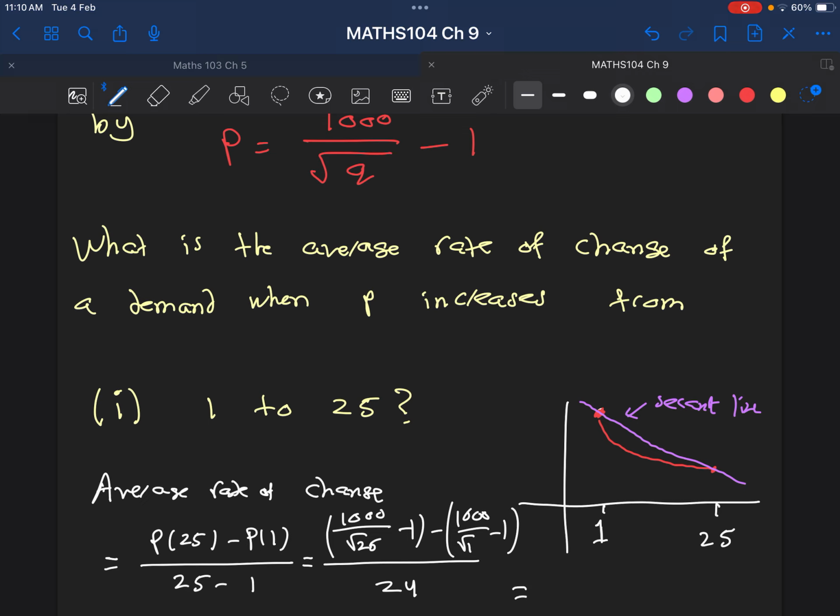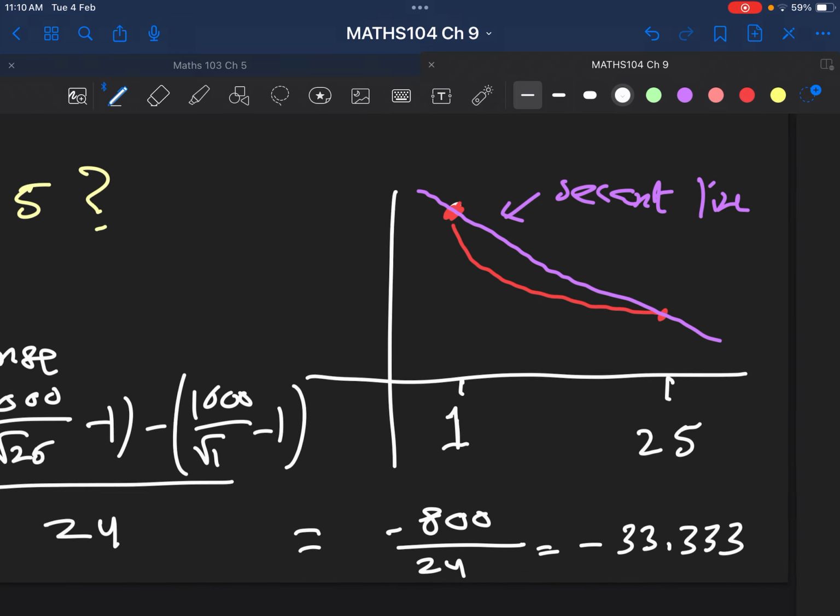The final answer, if you do it correctly, you will get negative 800 divided by 24, which is negative 33.333. Of course, this will be the average rate of change.